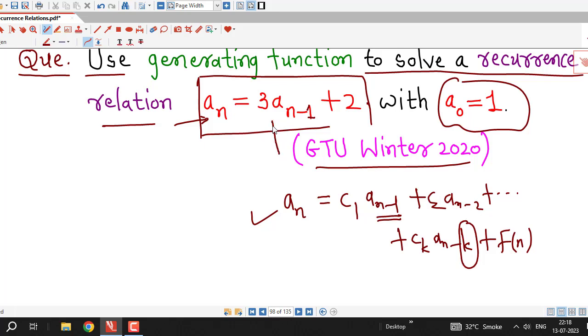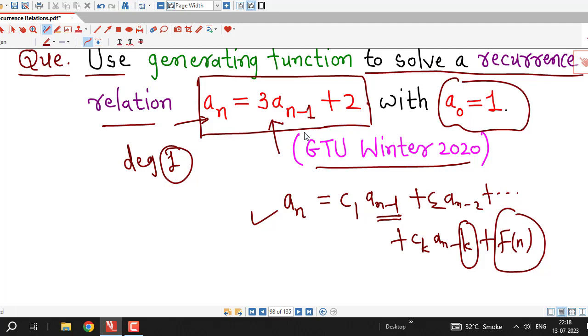Therefore this is a linear recurrence relation of first degree, or the degree of this recurrence relation is 1, and we have f of n equal to 2. Therefore this recurrence relation is non-homogeneous.